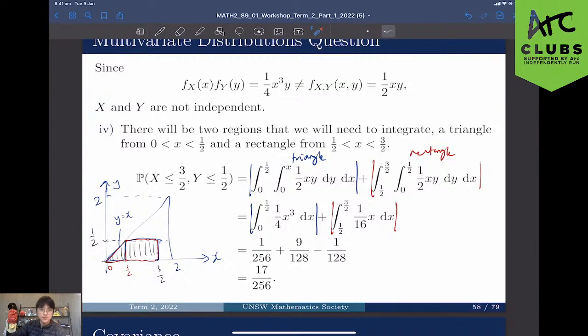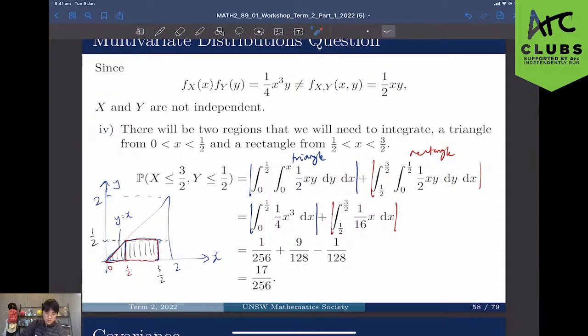If we want to find the triangle, we find that x is between 0 and half. So we want to add up the vertical slices over x is greater than 0 and less than half. So that's where we get these two. And for y, the actual slices, it's going to be between x and 0. And this is just the joint density function. And for the rectangle, it's a bit simpler.